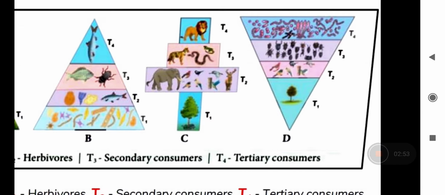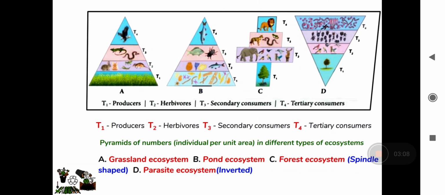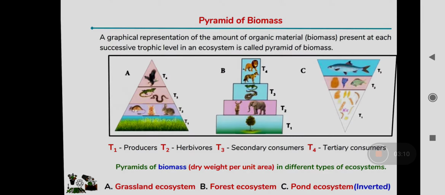And see the parasitic ecosystem, where of course the number of parasites will be more as compared to the host, and the pyramid will go inverted.